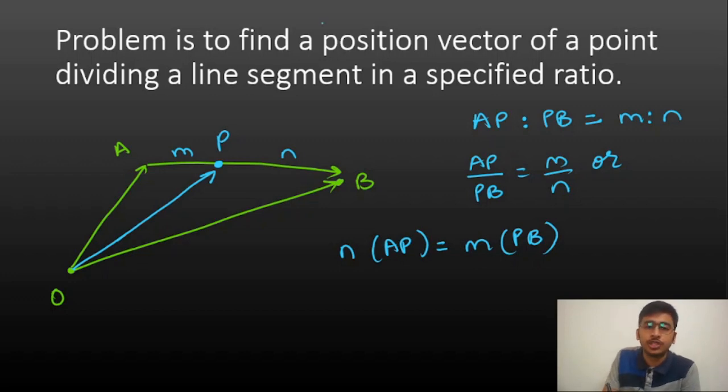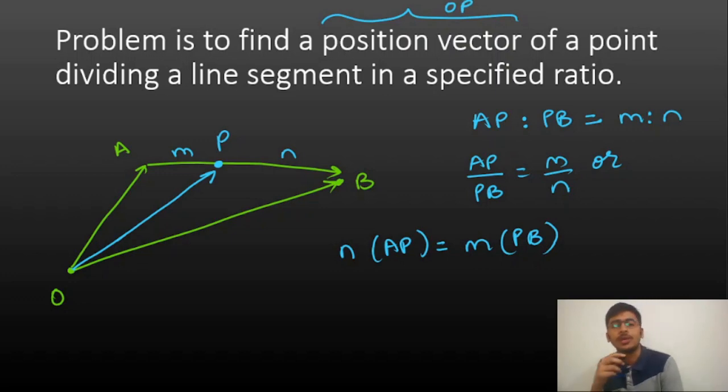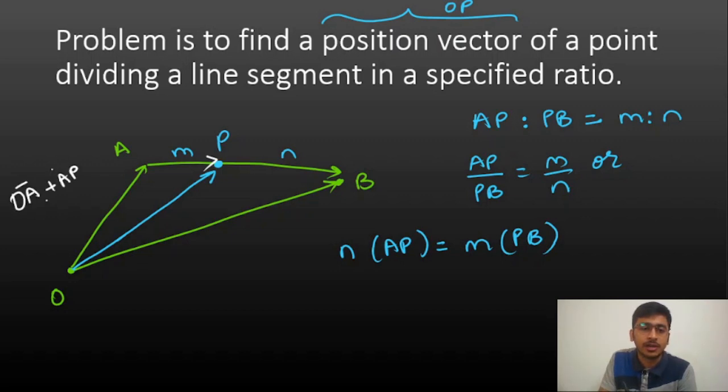We have to find the position vector. So we have to find what OP is. So how do we find what OP is? Well, it's easy if we substitute the vector law of subtraction. What is the vector law of subtraction? Well, the vector law of addition simply states that if this is our triangle, I'll just join these two vectors head to tail. So in this small triangle, I can write OA vector plus AP vector gives me OP vector.